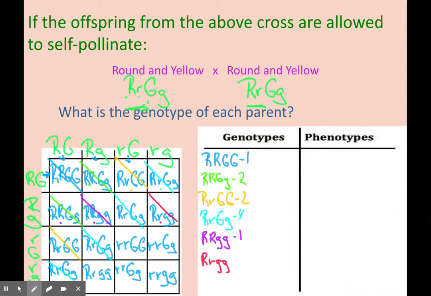So there's 1 of those, 2 of those. And then we've got, here's our next one, little, big. And I only see 1.